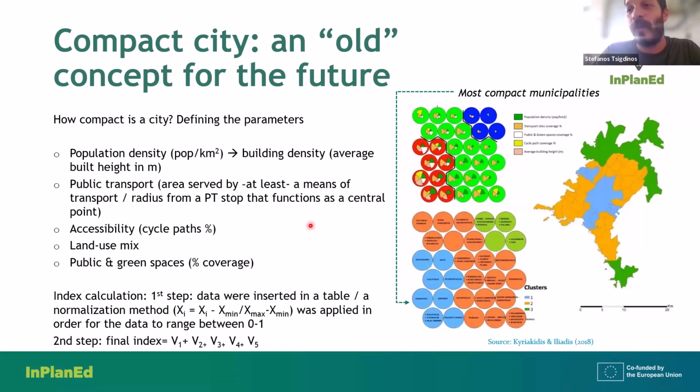We have the density of our blocks, of our municipalities, and we can also measure for the metropolitan area. But what they did was something even more holistic. They tried to define how compact a city is, and they applied that to Athens, taking into account density, public transport, accessibility via cycling, the land use mix, and also the public spaces.